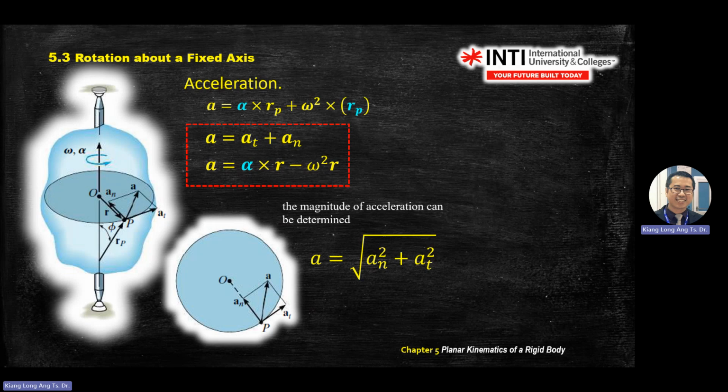AN equals omega squared R, AT equals alpha R. Substitute. Okay. Now how to find this one? You refer back to this one. You can either be given theta, you differentiate with time, you get omega, differentiate again, you get alpha.